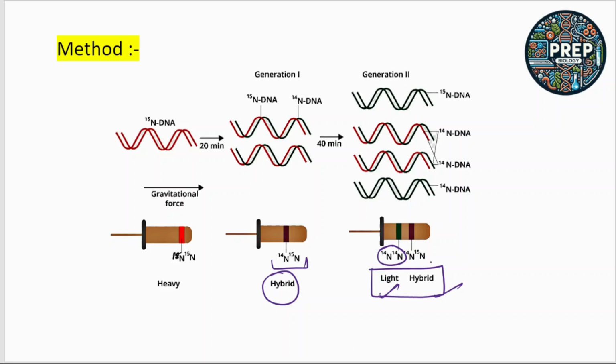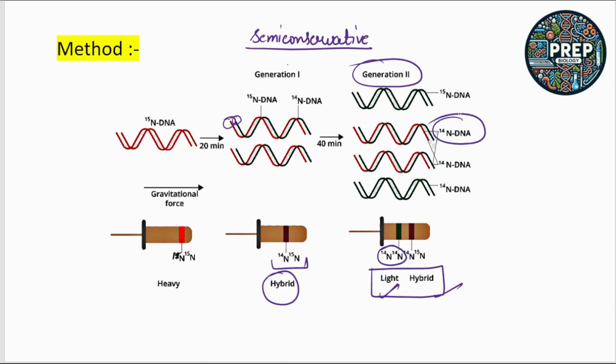So by this experiment they proved that in generation 1, one strand is of parental type and one strand is newly formed. This type of strands is seen in the semi-conservative model of DNA replication. One strand of this acts as a template strand for the next generation, so N14 and N14 types are formed in generation 2.